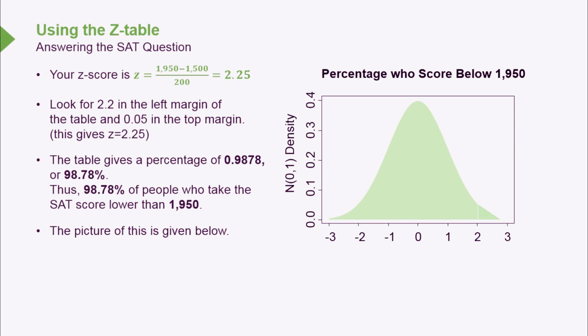Then in the top margin, we're going to find 0.05. And then we're going to go into the table, find the cell that matches those up, and see what the percentage is in there. And what we find is a percentage of 0.9878 or 98.78%. Therefore, 98.78% of the people who take the SAT score lower than what you did if you got a 1950. And here's the picture on the right-hand side of what that looks like.